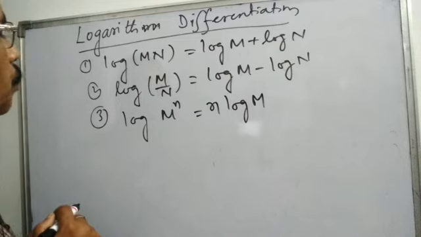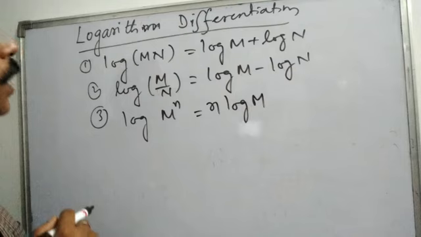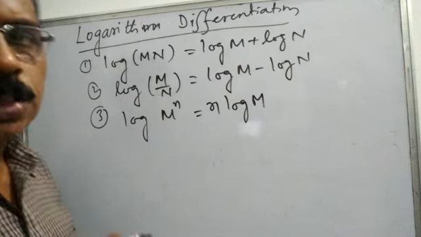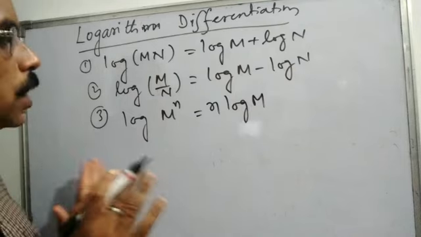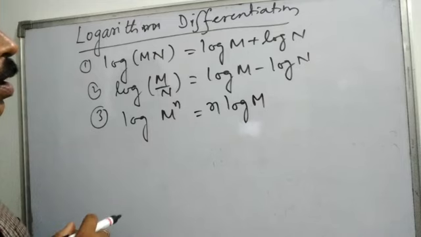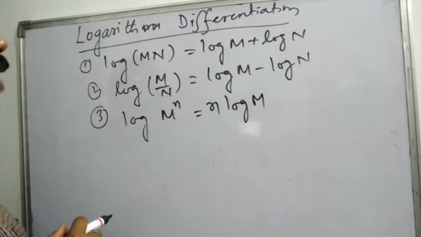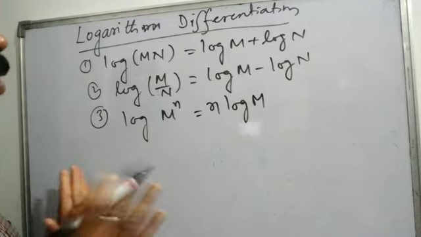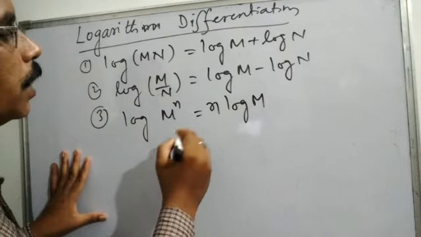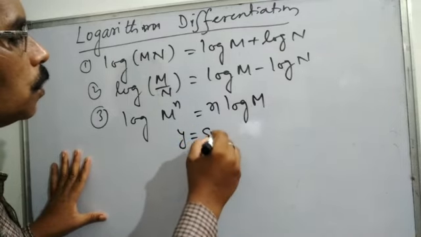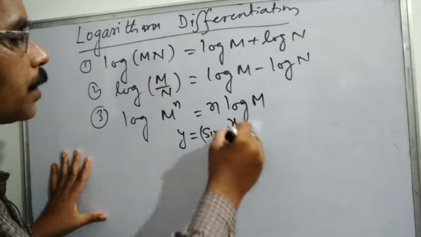You see, these three formulae will be very useful to find the derivative using logarithm. Now, you have to consider this method in the case of a function with variable power variable. For example, I will write here y is equal to sin x whole to the power x.